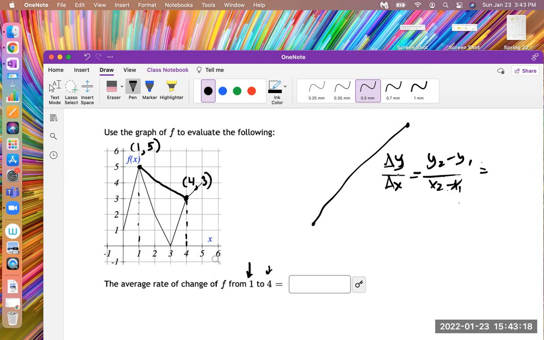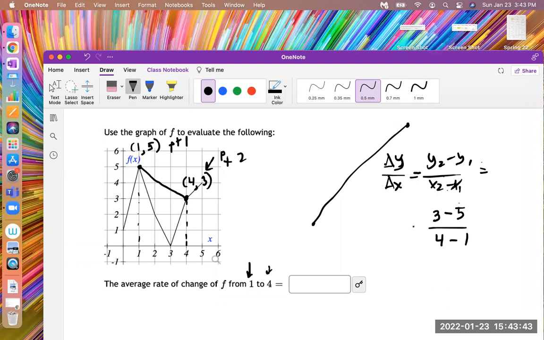Now we just have to use our slope formula. I'm going to call this my point 2 and not my point 1. So I do 3 minus 5, and in the bottom it's going to be 4 minus 1.